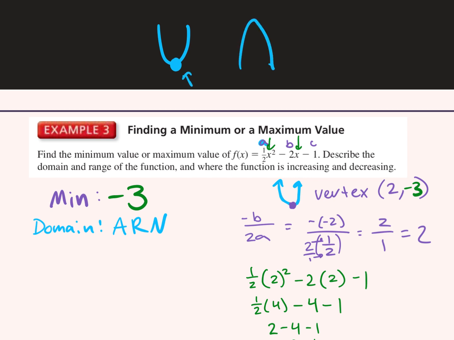If it opens down, your vertex is at the highest point, so that would be a max. How can you tell if it's opening up or down? The a. If a is positive, it opens up. If a is negative, it opens down.